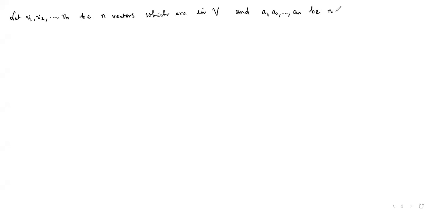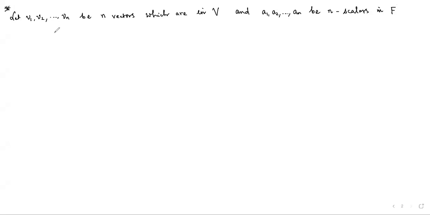Now, suppose I'm considering some vectors. Let V1, V2, ..., Vn be small n vectors, which are taken from V, and A1, A2, ..., An be n scalars taken from the field F. Suppose I'm choosing in this manner.